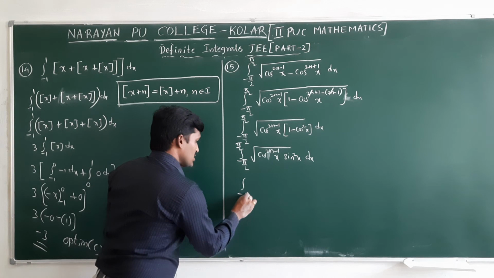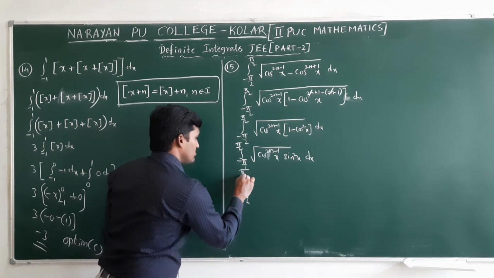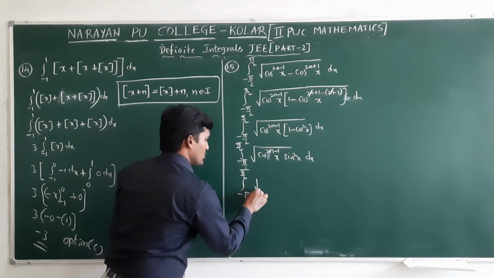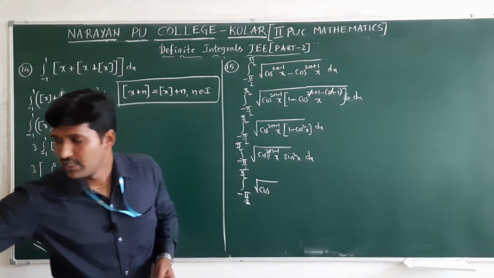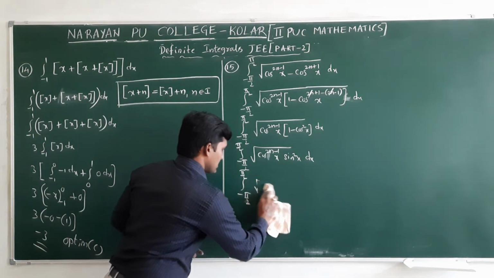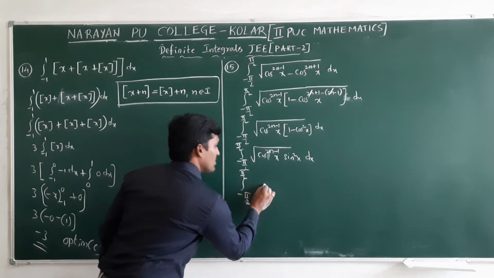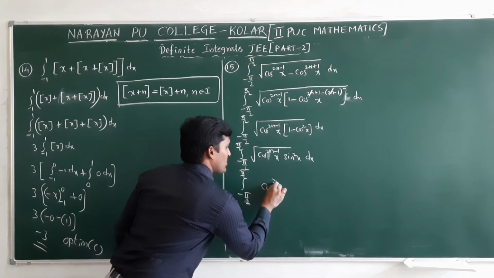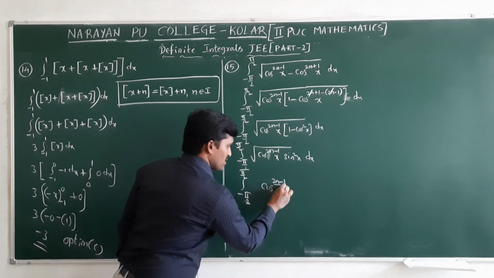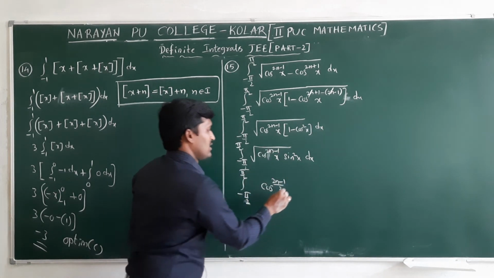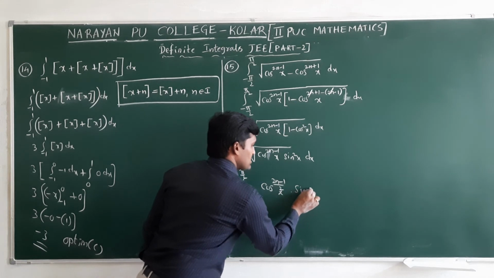Now root means I will take as power 1 by 2, so cos power (2n minus 1) by 2 of x, into root of sin square, which becomes sin x dx.